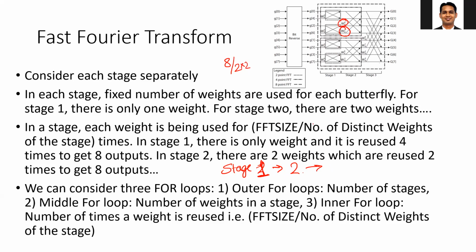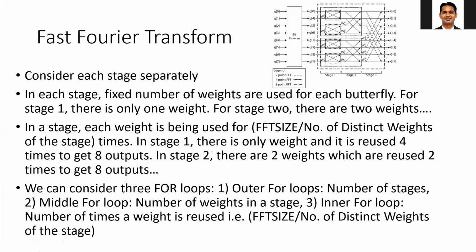So you will have 2 iterations of the innermost loop, right? And each iteration will give you 2 outputs. So you will get 4 outputs for each weight, and 4 into 2, you will get a total of 8 outputs. So from every stage you will get 8 outputs, but the number of iterations in the middle and inner loop will change depending upon the stage.